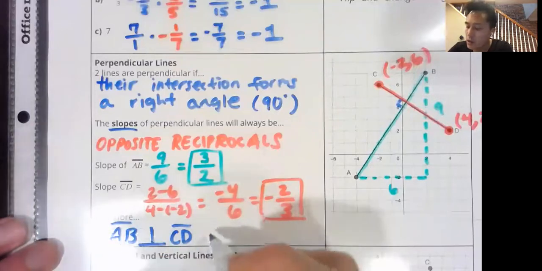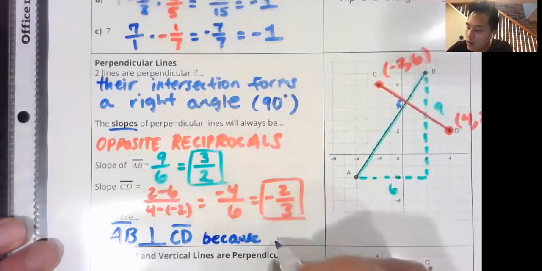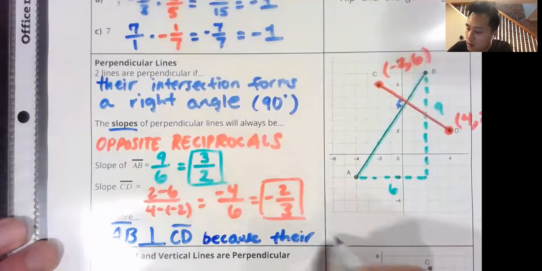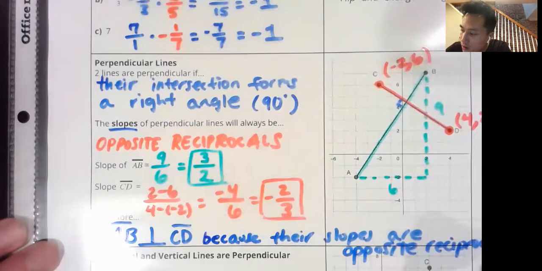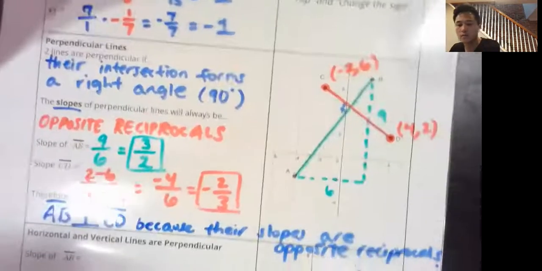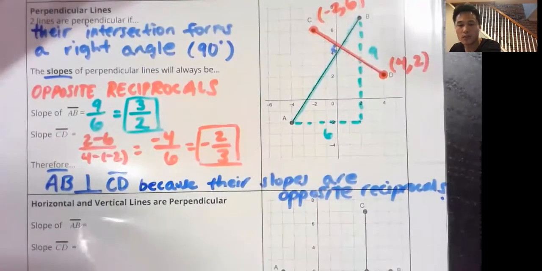We know that AB is perpendicular to CD because their slopes are opposite reciprocals.